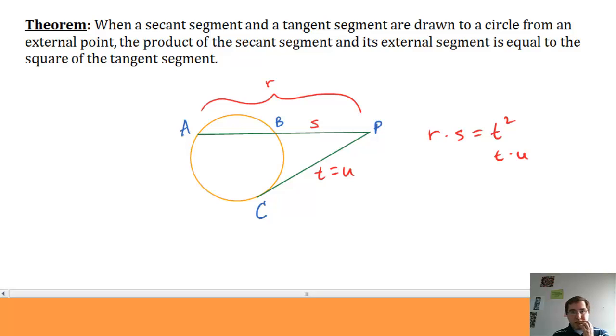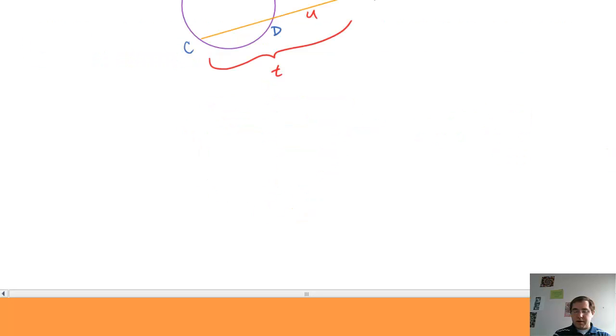So it's really the same relationship. That's just being extended from two secants to a secant and a tangent. So the whole secant times the outside part equals the tangent times itself, the tangent squared. So you've got this scenario. R times S equals T squared.